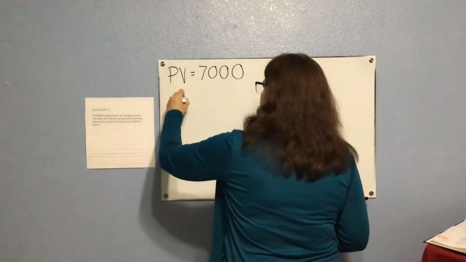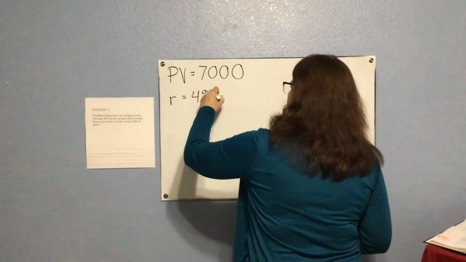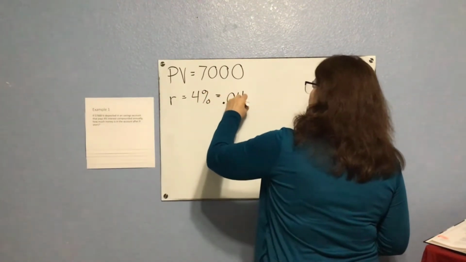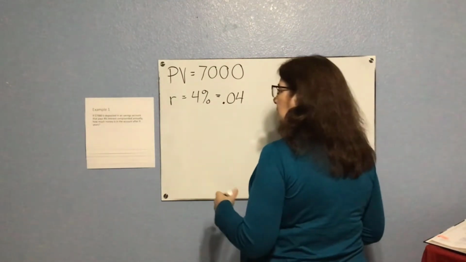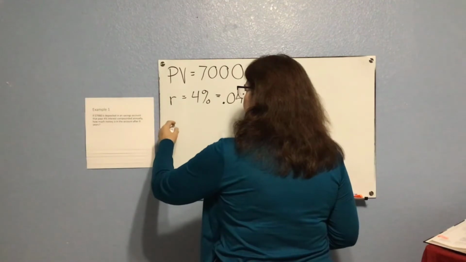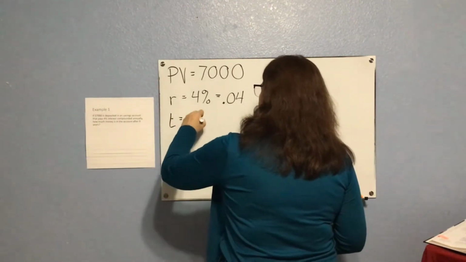Our interest rate is 4%, which we write as 0.04. Remember, we always use a decimal when we're calculating with the interest rate. And our time is 9 years.